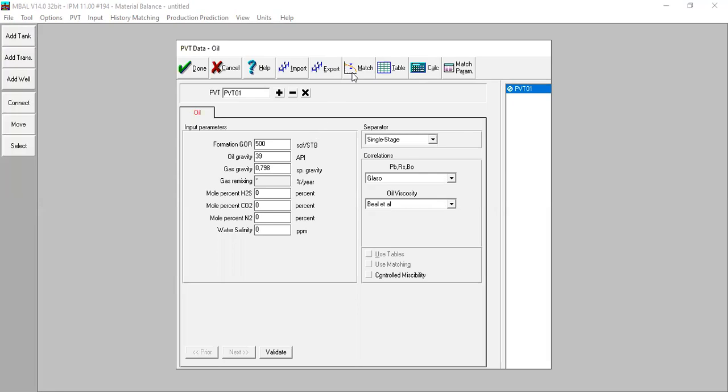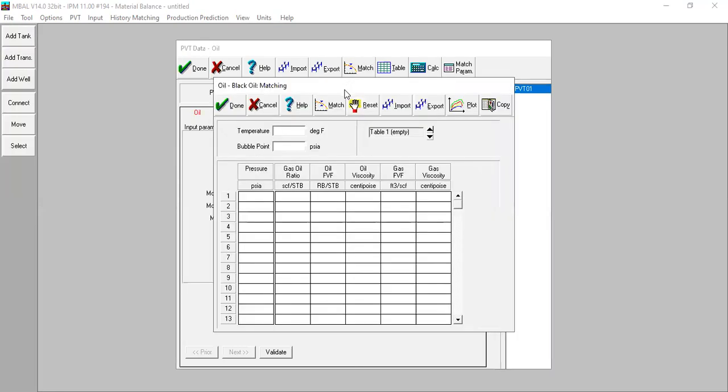Then I will do PVT matching, but unfortunately I only have one data point. That's our limitation in this example.